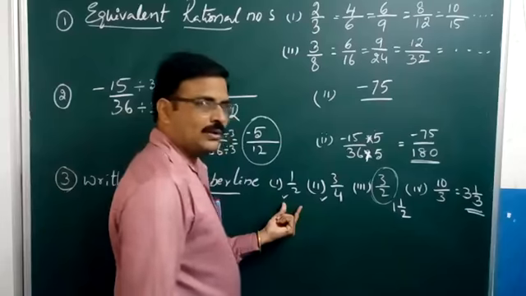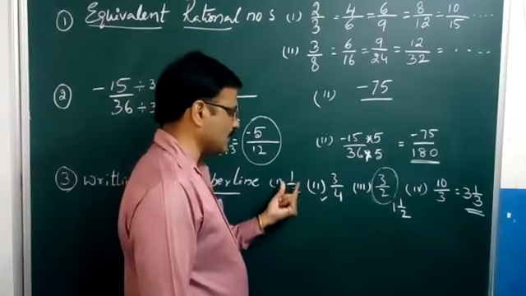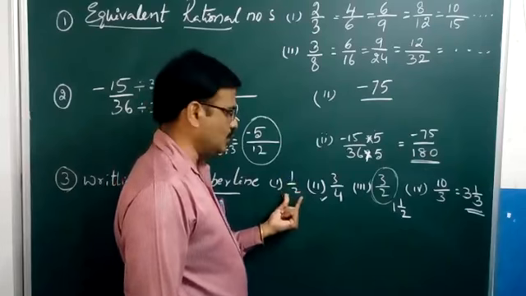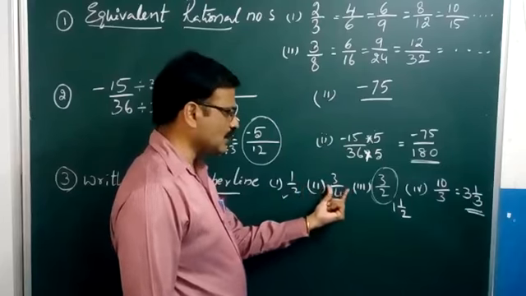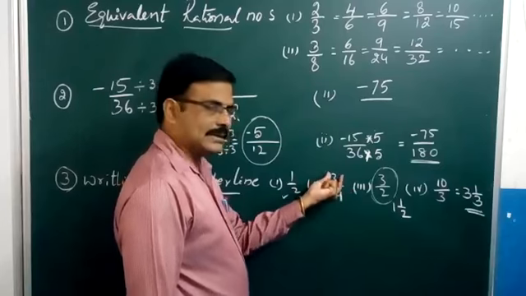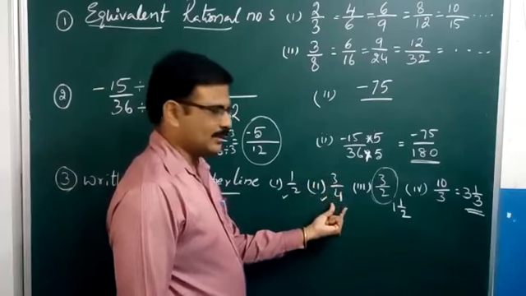So 1 by 2 is half of the value. 3 by 4 is when the total 0 to 1 is divided into 4 equal parts, 3 parts of it, so it will be lying at 3 by 4.